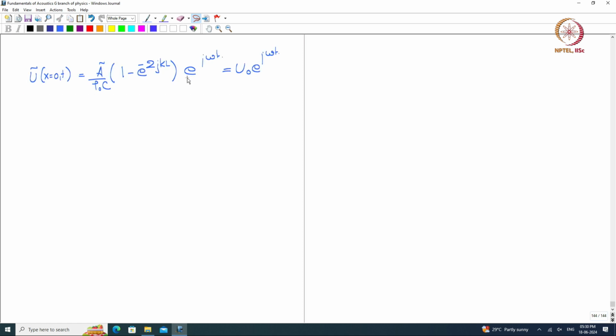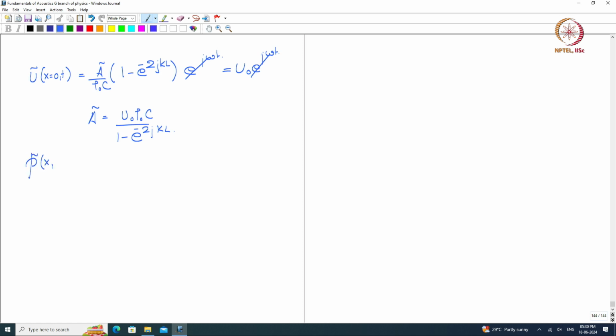So now from here, e to the power of j omega t goes, and a tilde is given by u0 rho 0 c divided by 1 minus e to the power of minus 2jkl. Then what is my pressure expression?